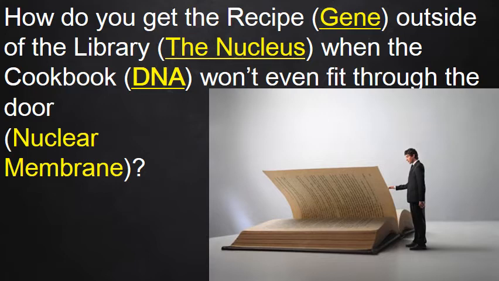How do you get the recipe outside of the library when the cookbook won't even fit through the door? Or using genetic terms, how do you get the gene outside of the nucleus when the DNA won't even fit through the nuclear membrane?